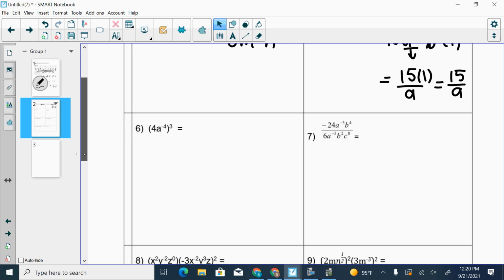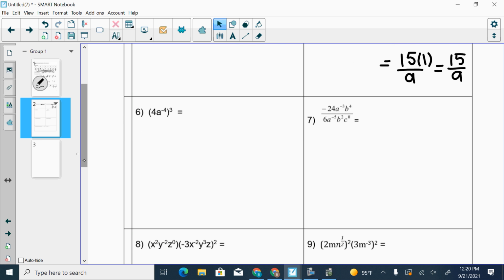All right, number 6. Everything in this parenthesis is being raised to the third power. So what is 4 raised to the third power? Very good. And then our rule for exponents is to multiply when we have power to a power.